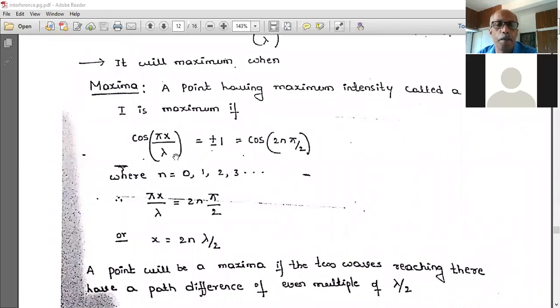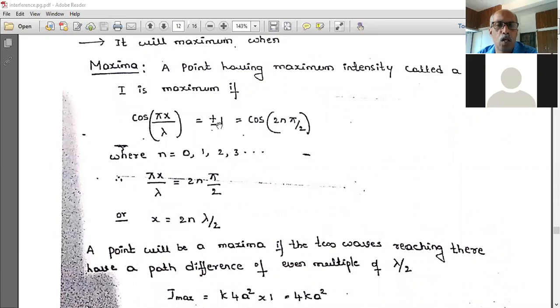Cos theta can take plus or minus 1 if theta is equal to 2n pi by 2, where n can take the values 0, 1, 2, 3, 4, etc. If n is equal to 0, this entire term becomes 0, and cos 0 is 1. If n is equal to 1, it will be pi, and cos pi is minus 1, and so on.